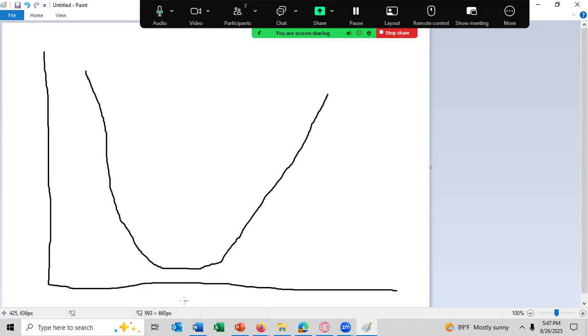So with age on the x-axis, and the severity of disease or the percentage of disease on the y-axis, the very young are more likely to get disease than the very old.